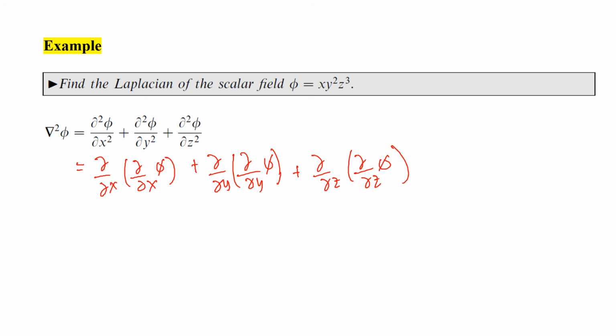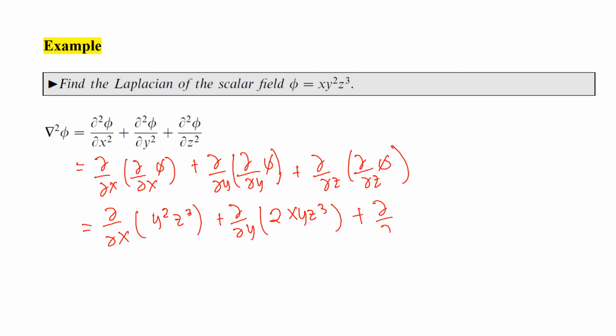Let's take the first partial derivative of your function with respect to x. It is equal to y squared z cubed. Next, the first partial derivative with respect to y is 2xyz cubed. And next, the first partial derivative with respect to z is 3xy squared z squared.